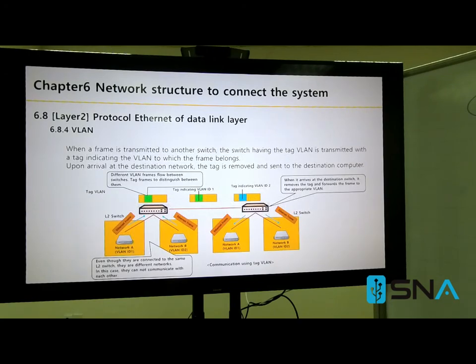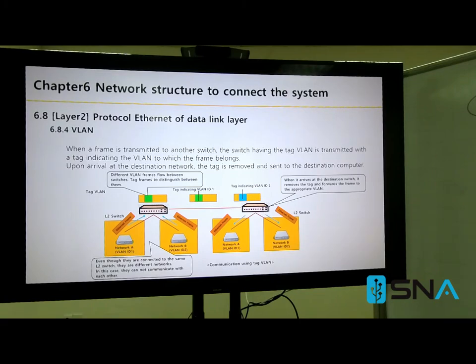When a frame is transmitted to another switch, the switch having the tag VLAN transmits it with the tag indicating the VLAN to which the frame belongs. Once it arrives at the destination network, the tag is removed and the frame is sent to the destination computer.